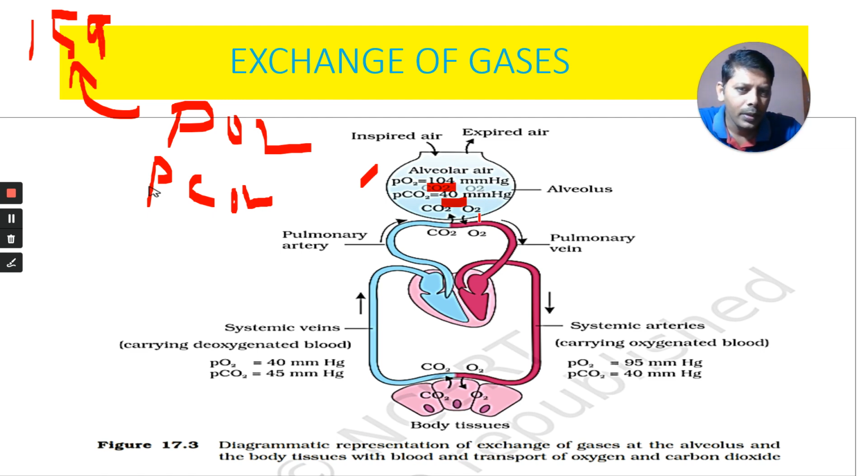First let us see the names of these blood vessels. This is the pulmonary vein, which is bringing oxygenated blood to the left atrium.